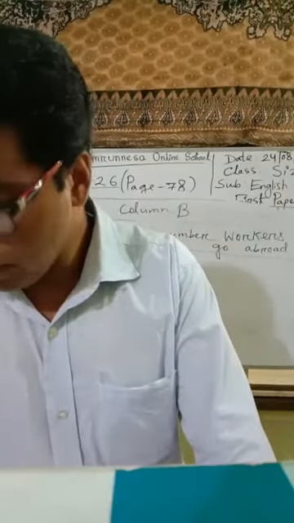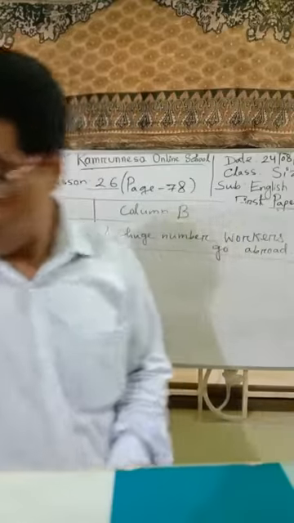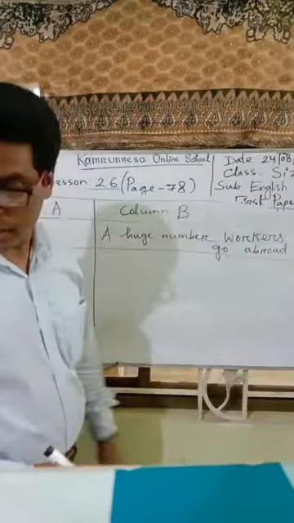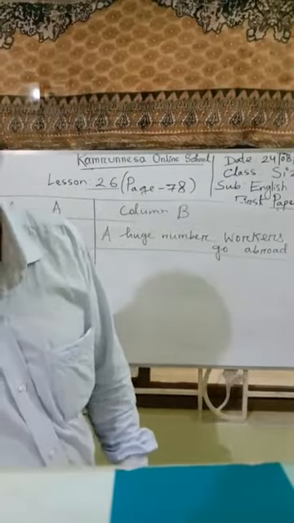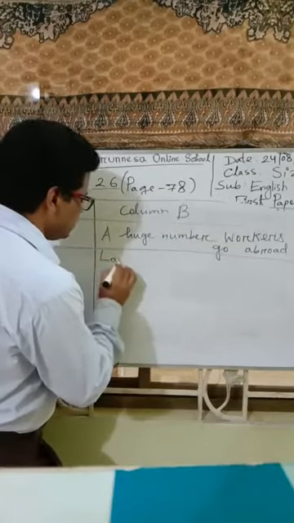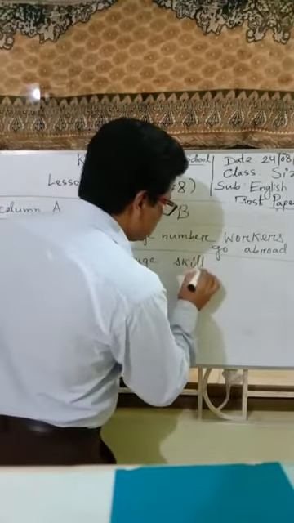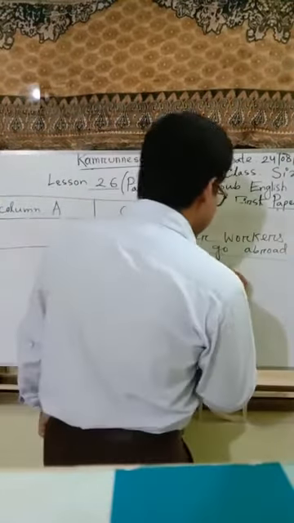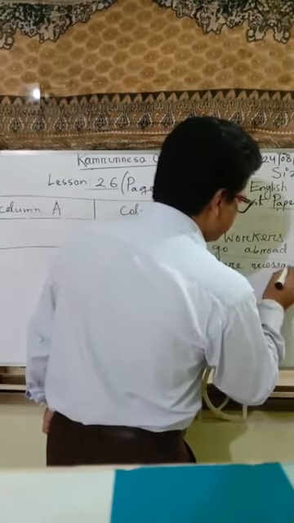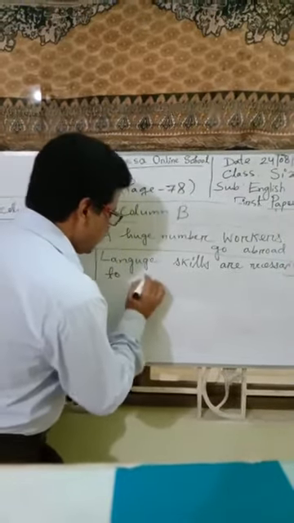So in the second line in column B, we can write: language skills of our workers. Language skills are necessary to get a good job.